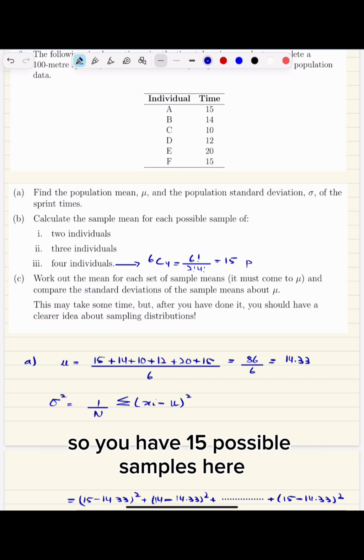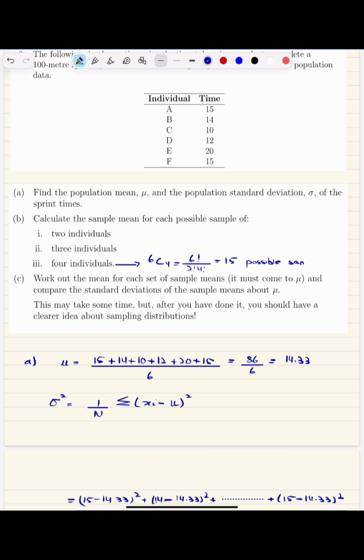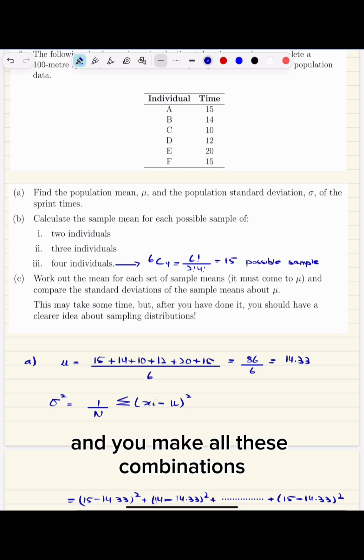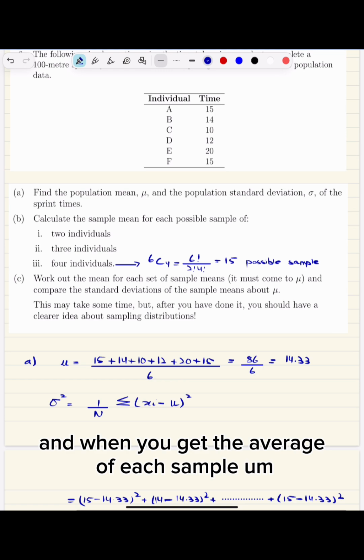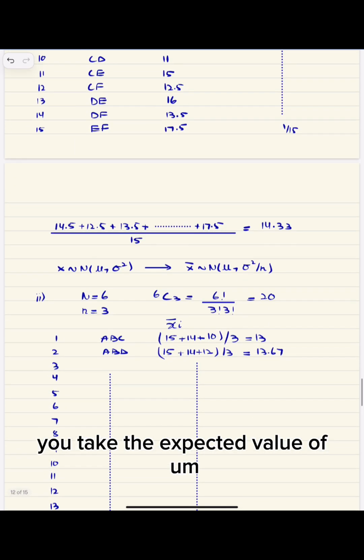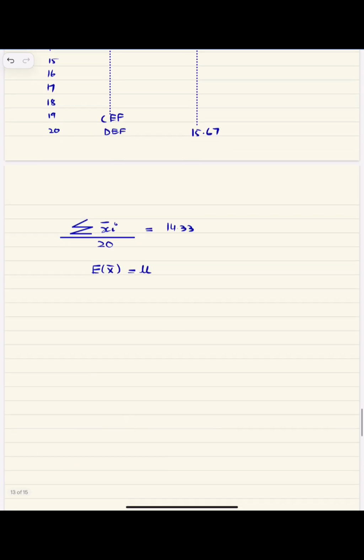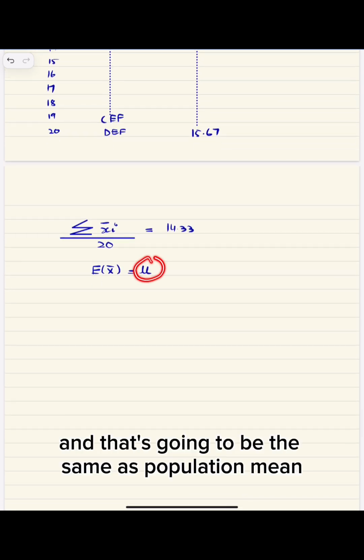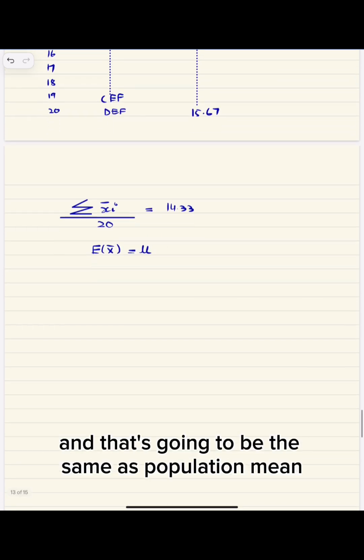So you make all these combinations, and when you get the average of each sample, you take the expected value of that, and that's going to be the same as the population mean.